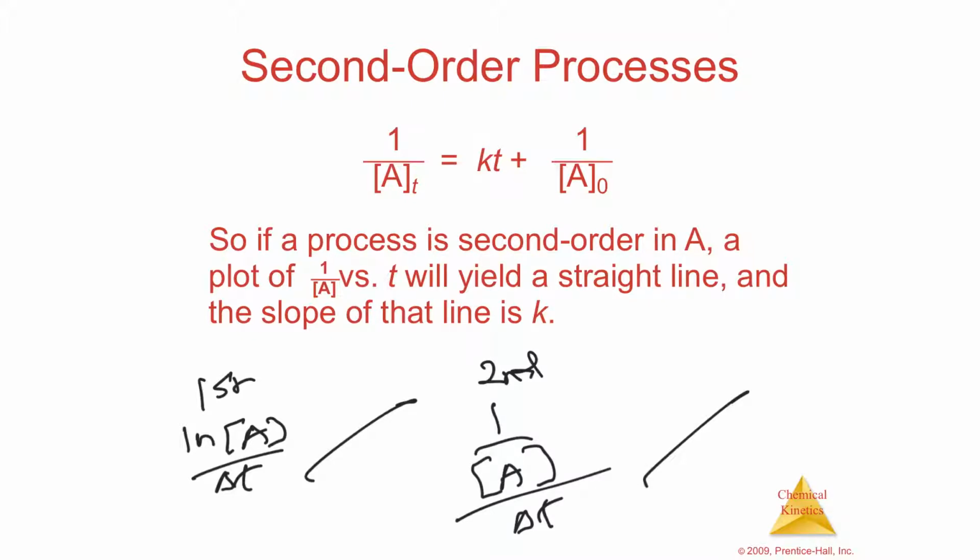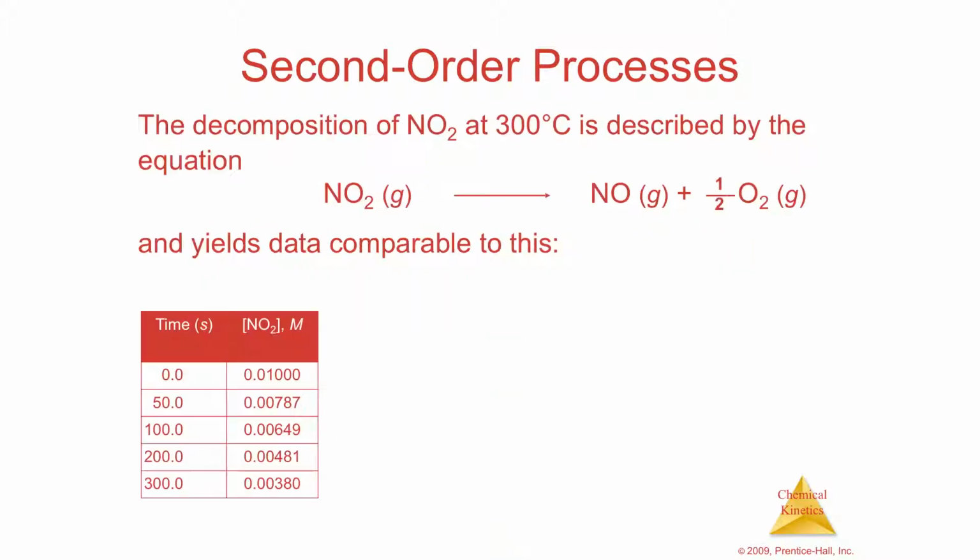So these are 2 very useful ones that you could try. Simply graph one. Most of you have a fancy calculator. If the natural log of the concentration over time is a straight line, it's first order. If you graph 1 over the concentration per time and it's a straight line, then you must know that it's second order.